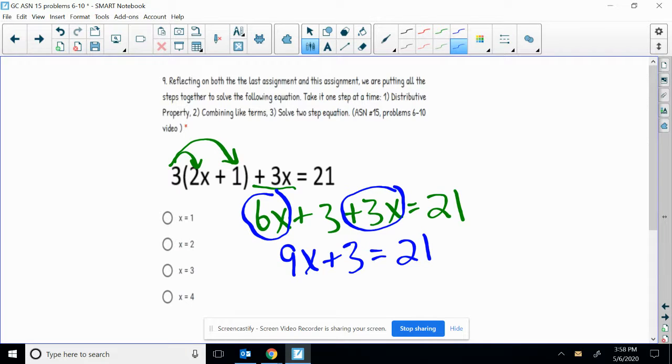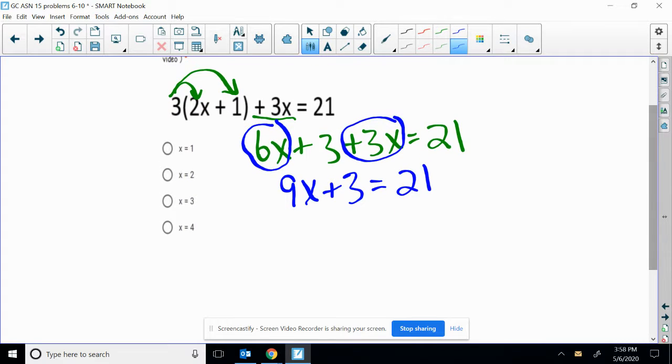So we did our distributive property. We combined our like terms. Now we're solving our two-step equation. Add or subtract first. They added 3, so we're going to subtract 3 from both sides. So 3 minus 3 is 0.